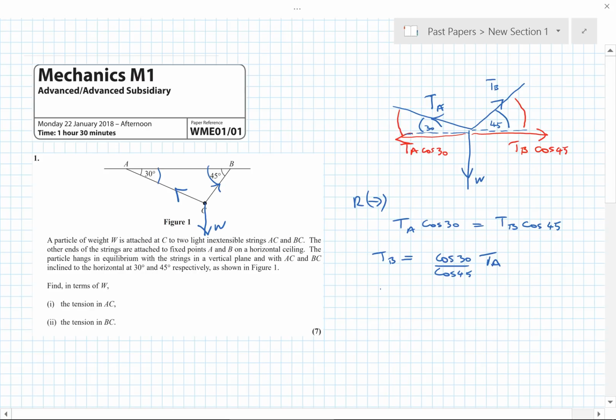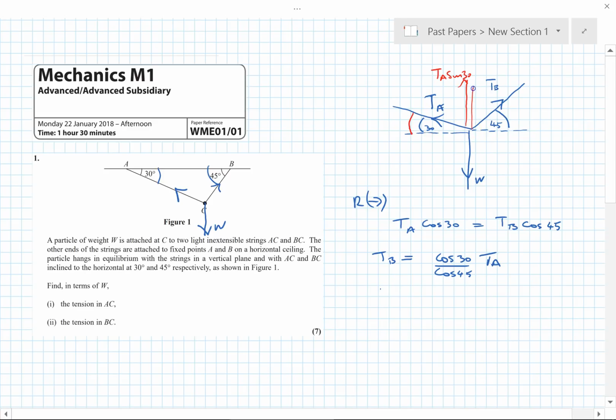I'm not going to bother working that out at the moment, because we can do that on the substitution. So now let's just resolve vertically. Okay, so we've got a vertical component of A, which must be TA sine 30, partly because we know the other one was cos 30, but actually it's away from the angle that we've marked 30 degrees on our diagram, so it's TA sine 30.